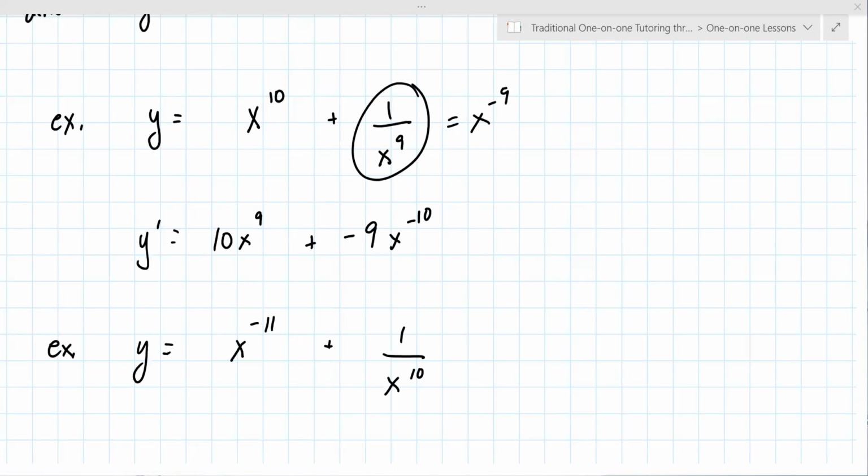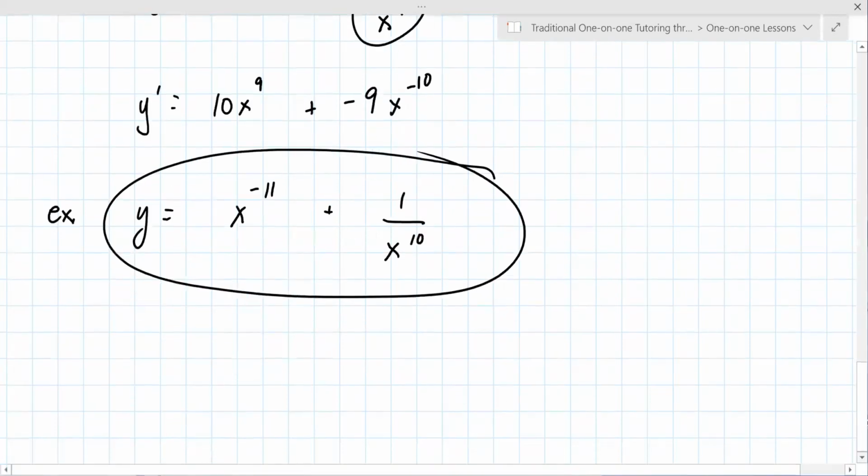The question is the same thing: what is the derivative? That's all we're doing. I don't know how long we'll be doing that, but you've got to be able to find the derivative for this whole thing right here. I'll do it right now.